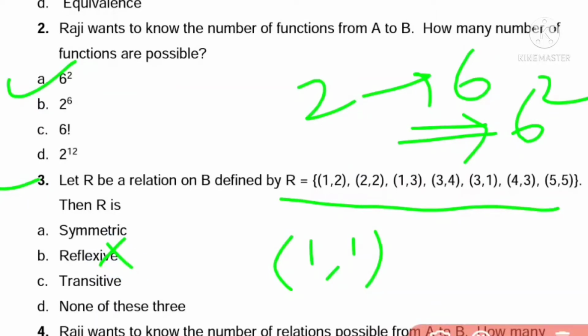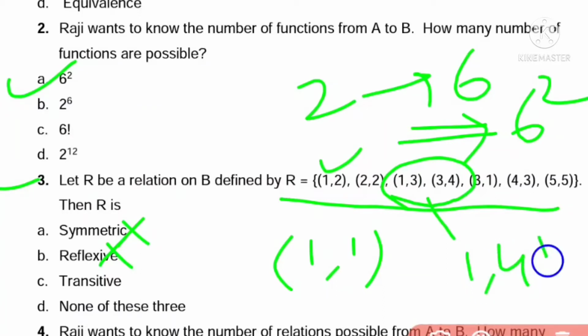Then if we check for symmetric, (1, 2) is present, means (2, 1) should also be present here. (2, 1) is not present, means it is not symmetric. Look here, if we check these two pairs (1, 3) and (3, 4), by this we can say (1, 4) should be present, and (1, 4) is not present here, so it is not transitive, means we can say the answer is D, none of these three.